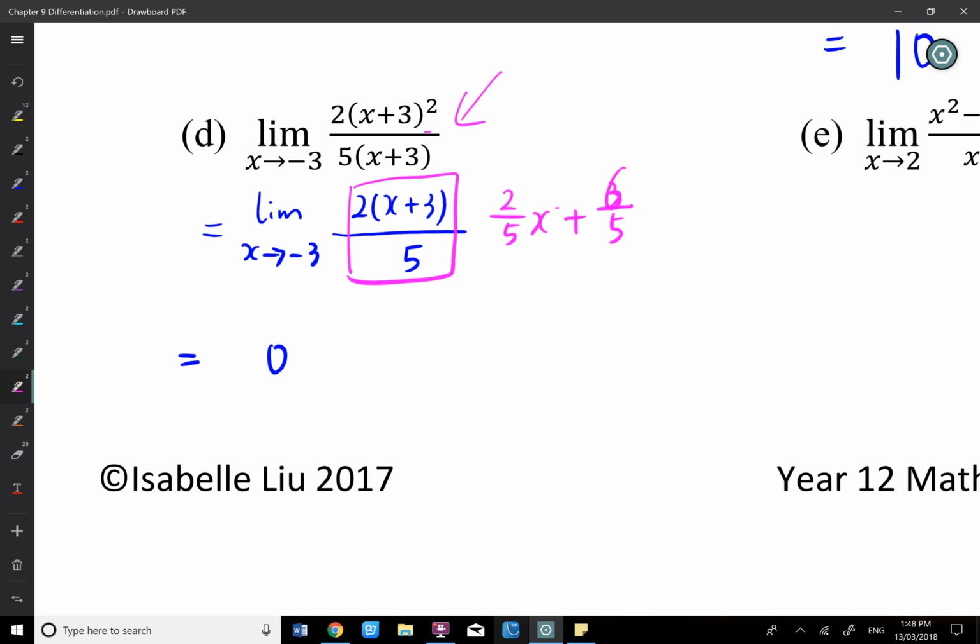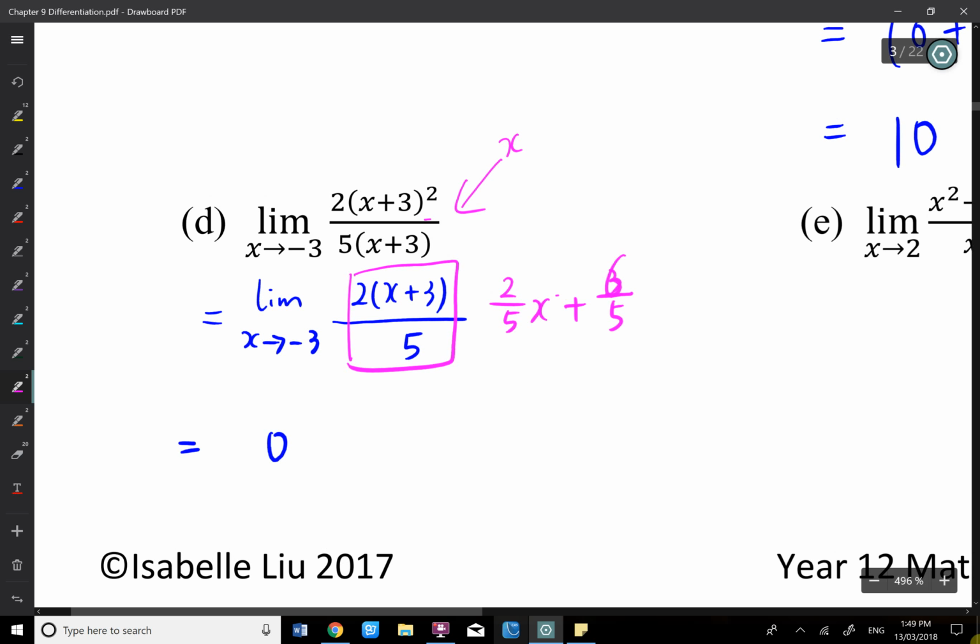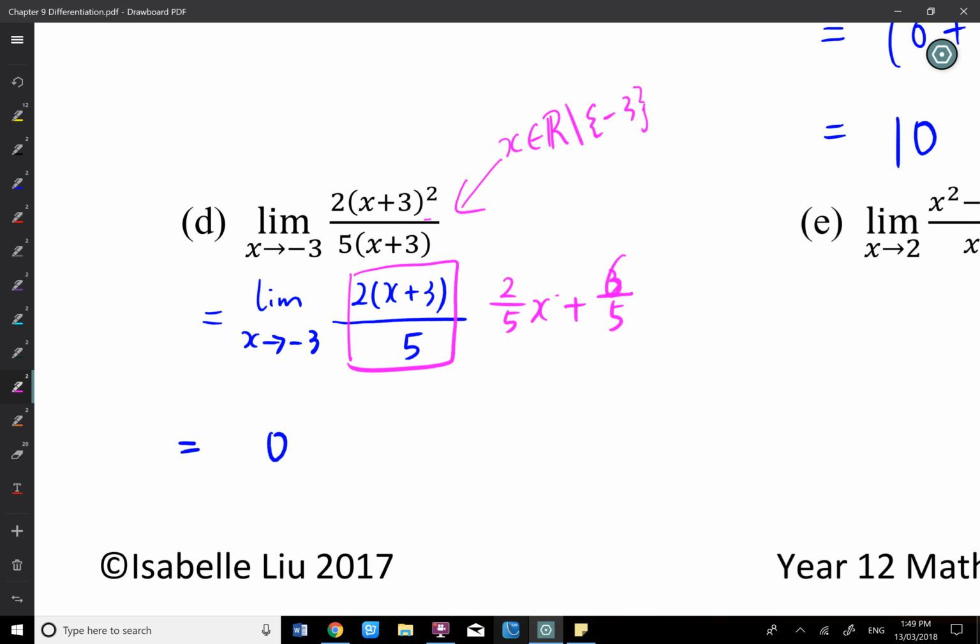What is the implied domain for the top function? R except -3. It is the linear, but you need to think about the implied domain.